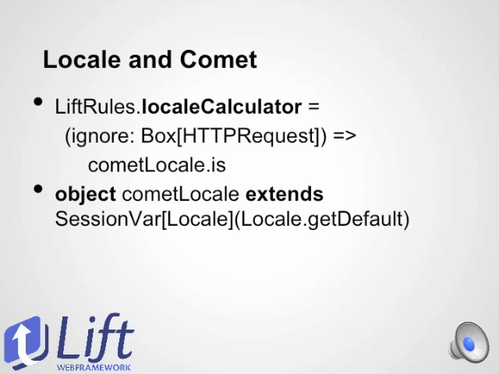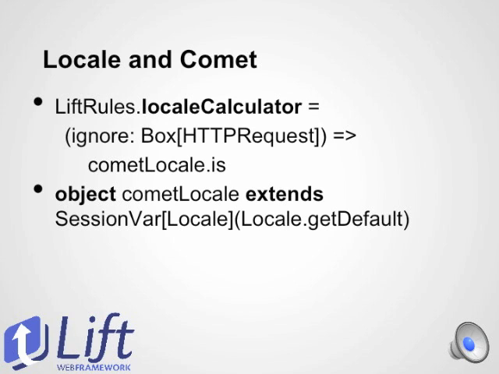You do two things. First, on your Boot class, you will add this Lift rule, which will access the value of a SessionVar. Notice here how I'm ignoring the first parameter because it will be empty.